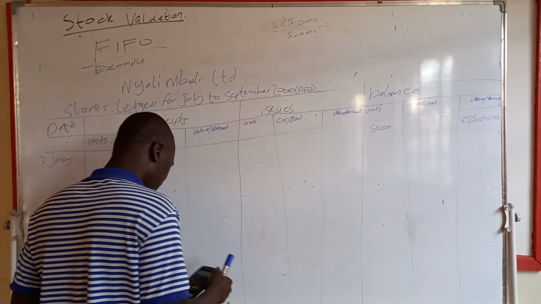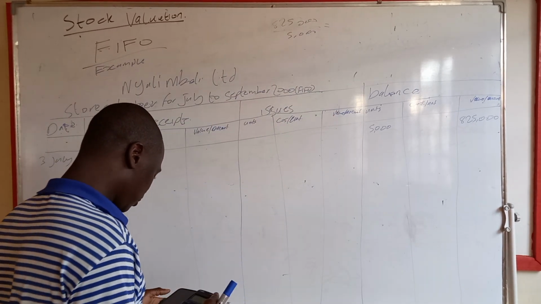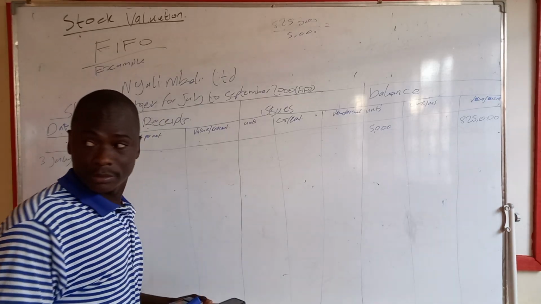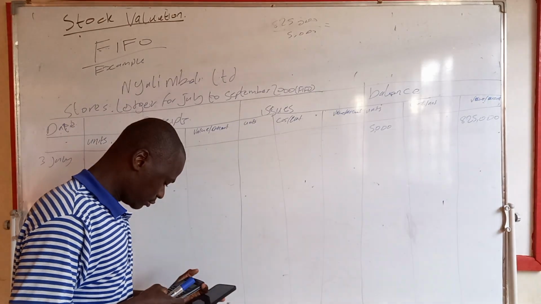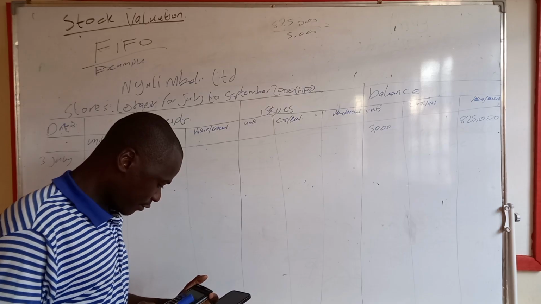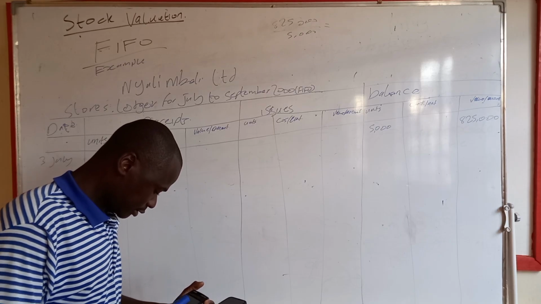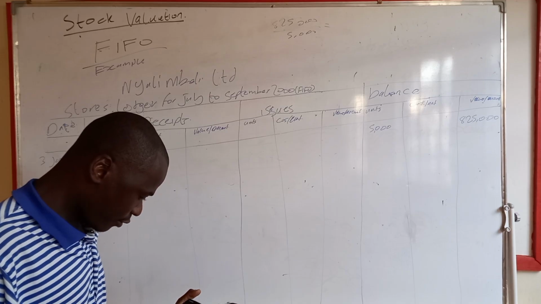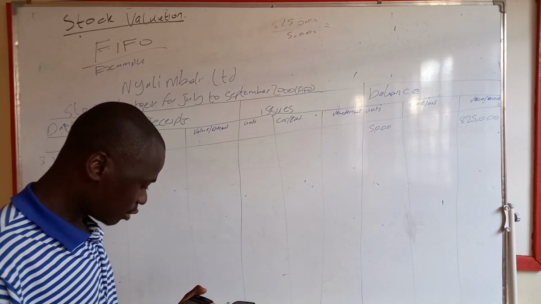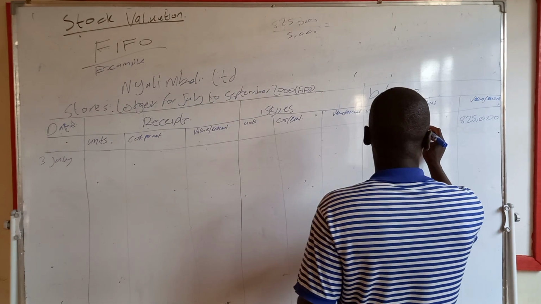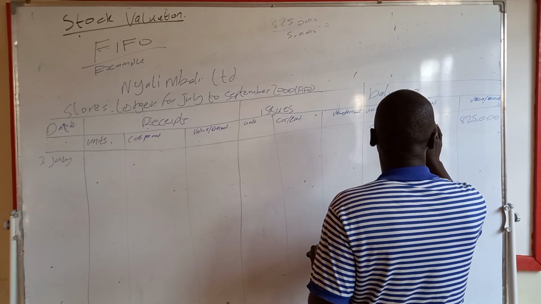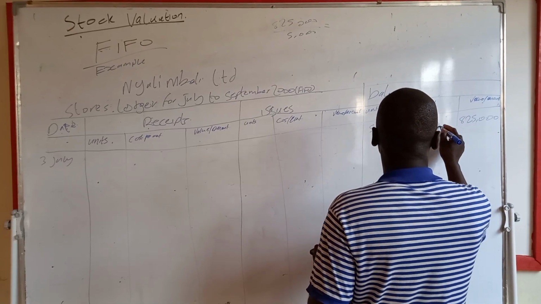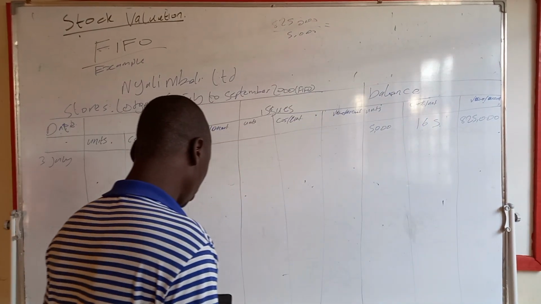What do you get? 825,000 divided by 5,000. So each tile was 165. That's the price of each tile.